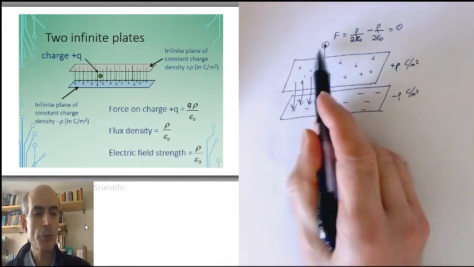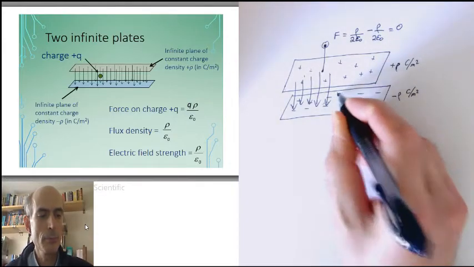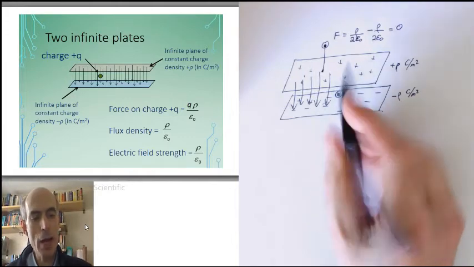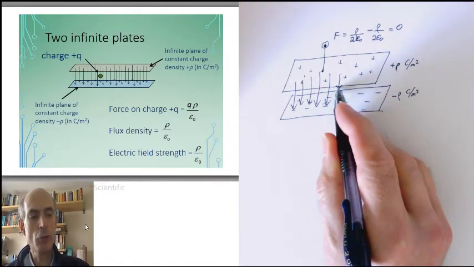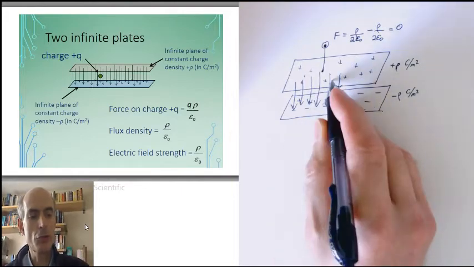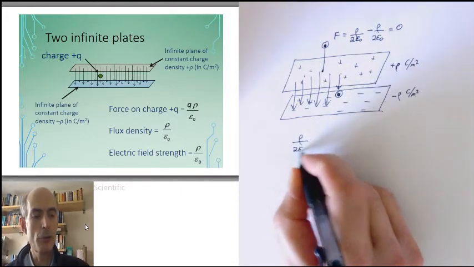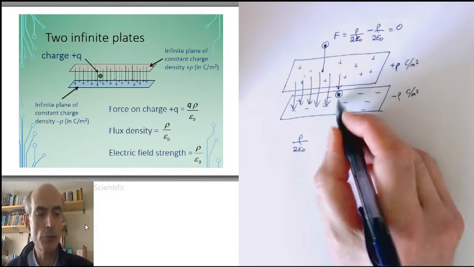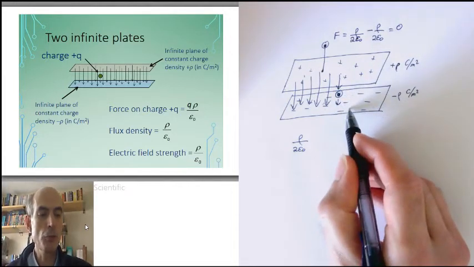What if the charge moved down in between the two plates? Well, if the charge was here, it would be pushed down by the top plate, so there would be a force on it downwards from the charges on the top plate of rho over 2 epsilon naught, and it would also be experiencing a force down because it's attracted to the negative charges on the bottom plate.